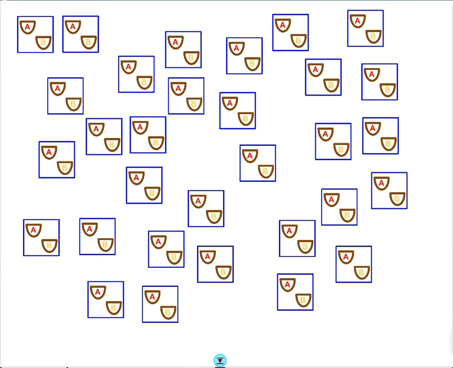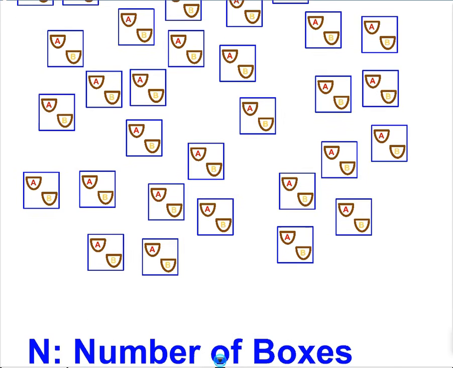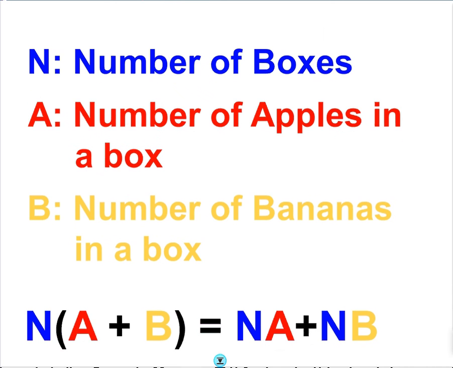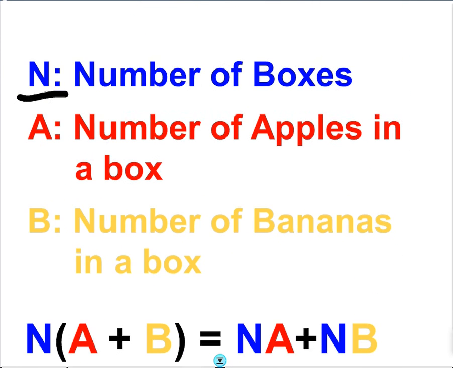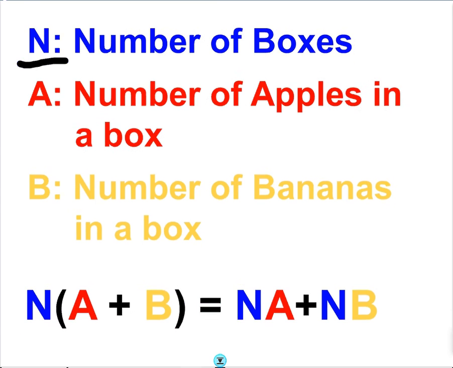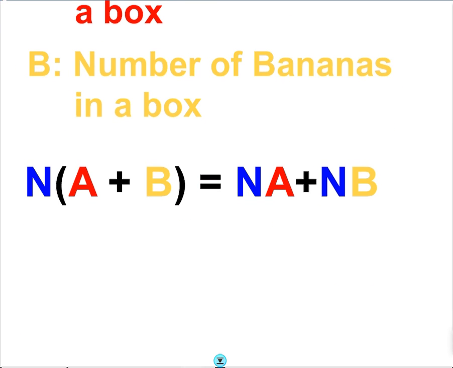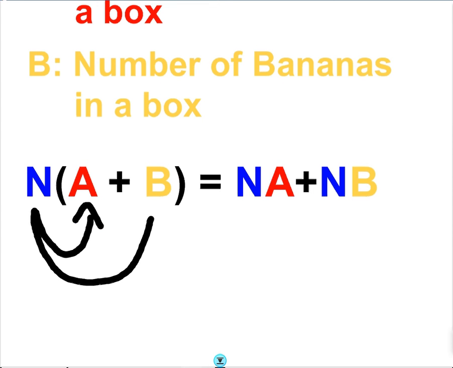Now let's make it even more abstract. Suppose we don't know how many boxes there are. Suppose there's too many to count, or suppose it changes from week to week. Then let's just say N represents our number of boxes, so these blue things. And then A, of course, is apples and B is bananas. In this case, and now we're actually getting to the heart of this lesson, we would multiply the number of boxes times the number of apples in each basket and do the same thing for the bananas.